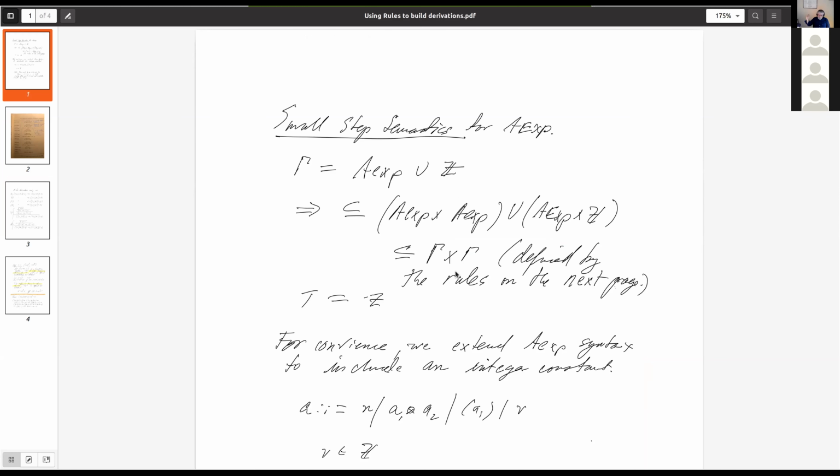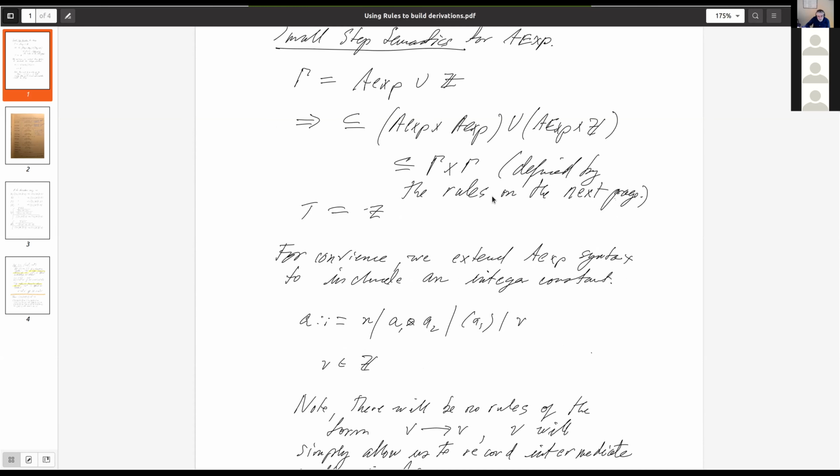If I write down, I don't know, 2 plus 3 times 7, I got to do an addition, 2 plus 3, and then I got to take the result of 5 and multiply it by 7. So small step semantics is keeping track of all the operations that you have to do.